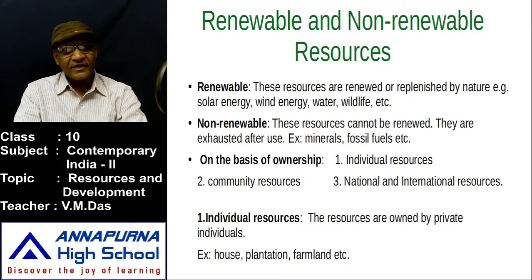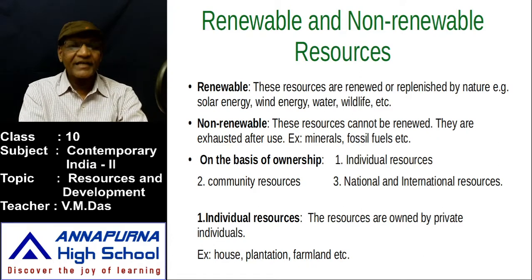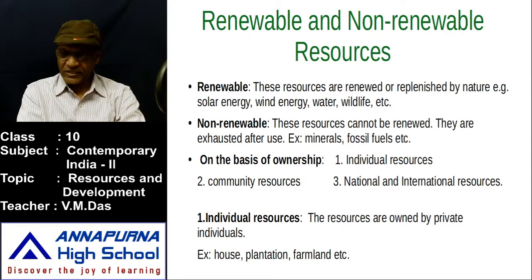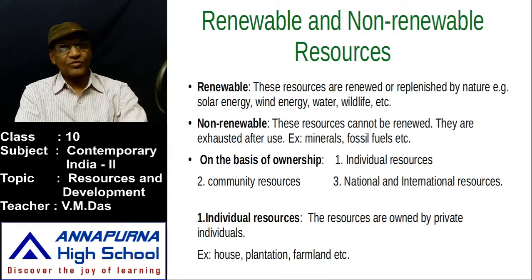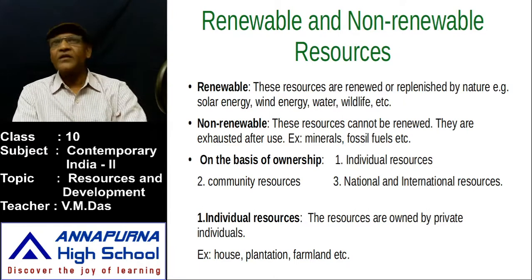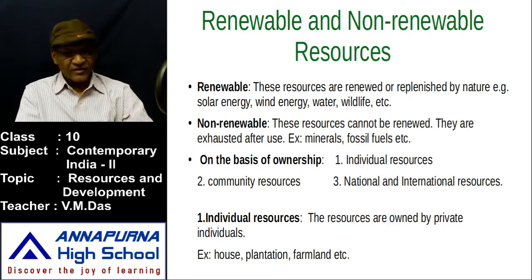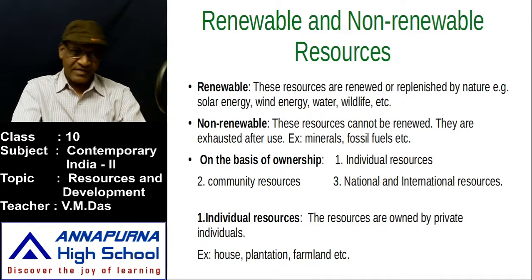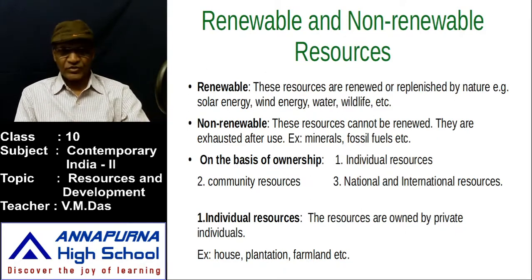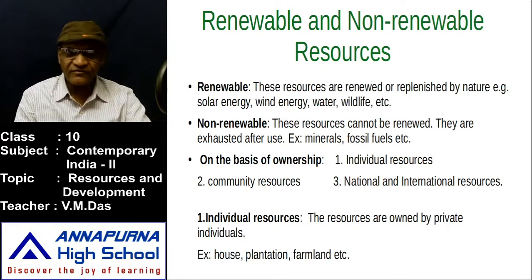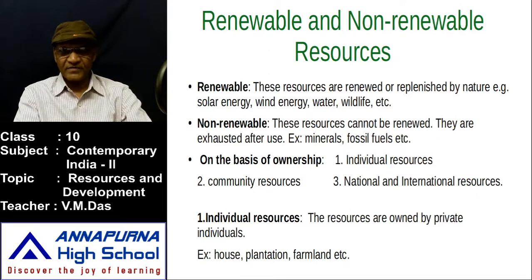Having farmland, an individual resource. The resources that are owned by private individuals are called individual resources. Houses, plantation, farmland, and all our private belongings come under individual resources. This is the first kind of resource on the basis of ownership. Have you understood, my dear children?